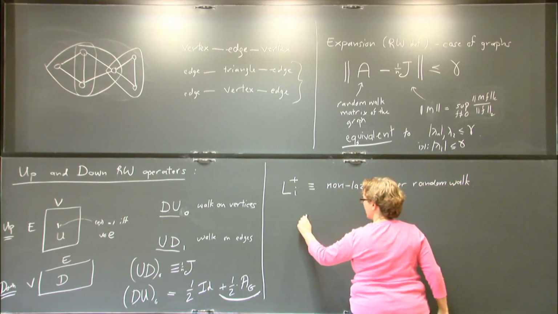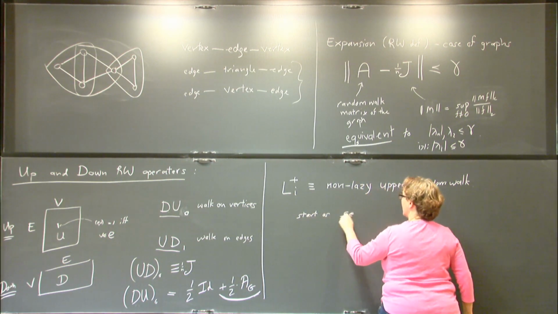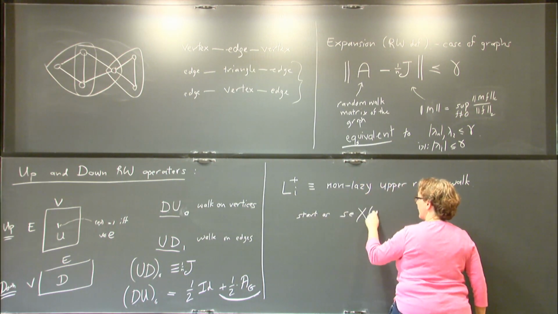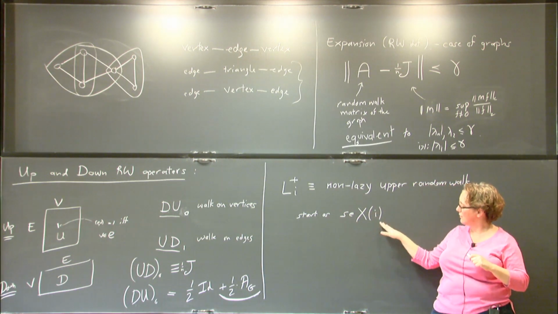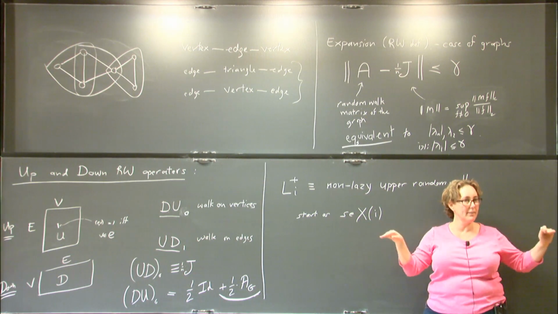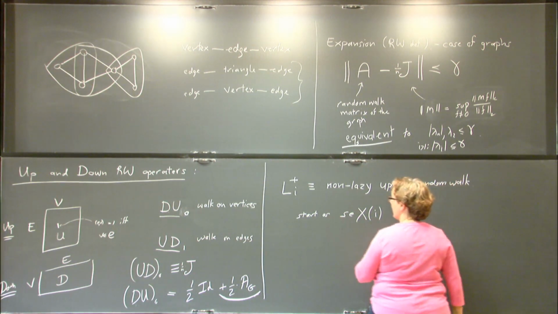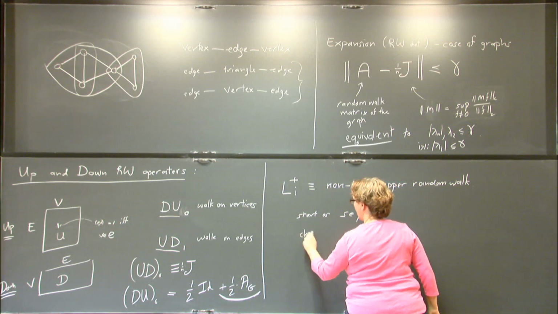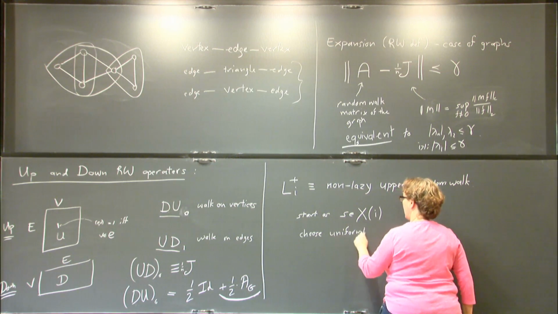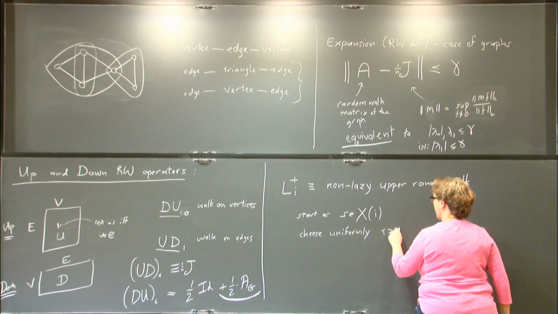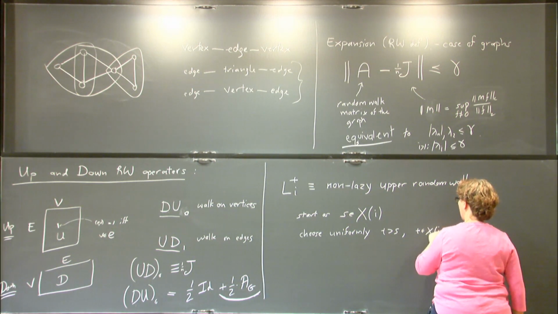So you start from some vertex. Start at S at level I. By the way, if I have a simplicial complex X, then X with parenthesis I just denotes the sets of cardinality I plus 1, the level I in this complex. So you start at S in Xi, and then you choose uniformly some t that contains S and t is in Xi plus 1.